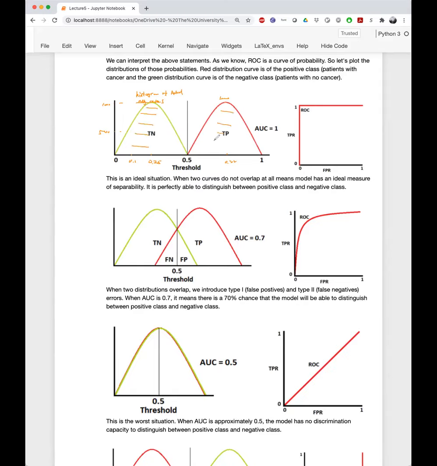The area of the green curve is the total number of actual negative cases. The area of the red curve is the total number of actual positive cases, right? Because the definition of the curve is histogram. So you can think about the area as the total number of cases for each label.